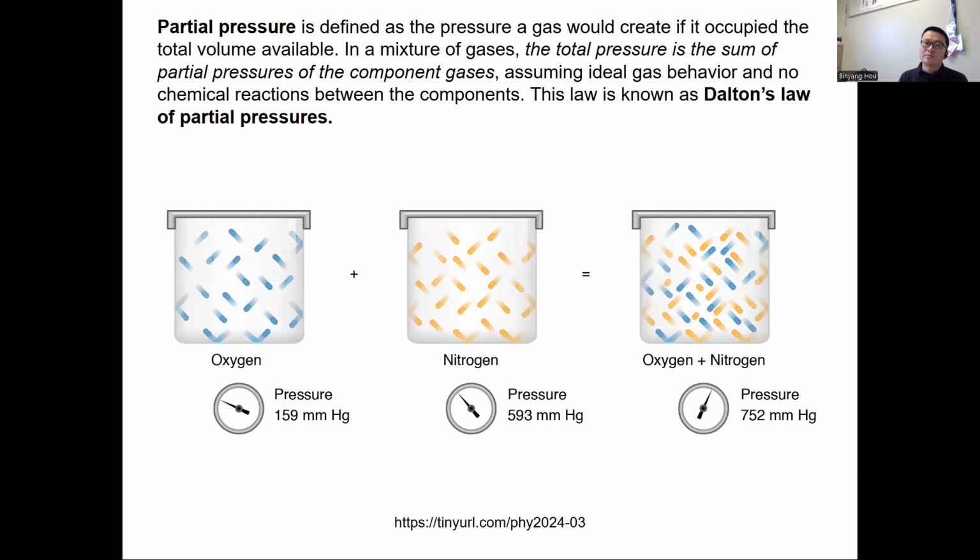Okay, so depending on the mole fraction of those gases, the pressure comes from those gases in percentage according to their mole fractions. So the contribution of the total pressure from each of the gases is called partial pressure. Okay, so this is also called Dalton's law.